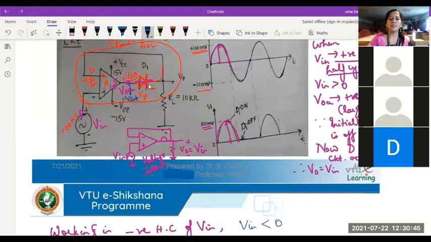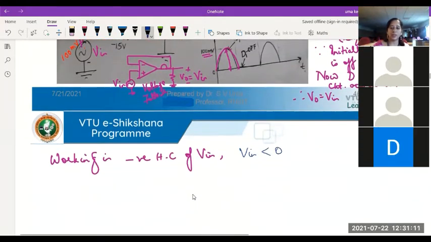Remember, initially, as long as this diode is not conducting, the op-amp will be in open loop mode. The output of the op-amp will move towards minus VSAT. Here, the output moves towards positive saturation, plus VSAT, when we give a positive input signal, but whenever I give a negative input signal, the output moves towards negative saturation.